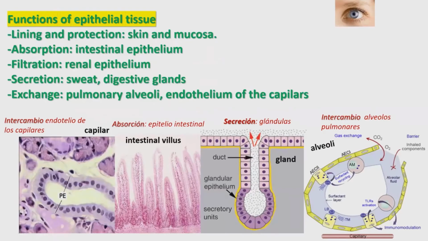And the functions of epithelial tissue are lining and protection, where skin and mucosa; absorption, where intestinal epithelium; filtration, renal epithelium; secretion, sweat and digestive glands; exchange, where pulmonary alveoli and endothelium of the capillaries.